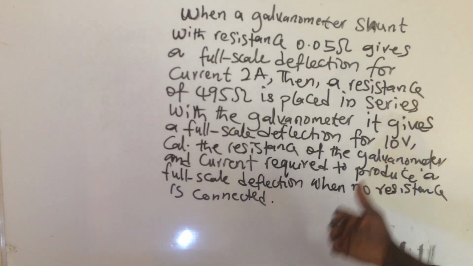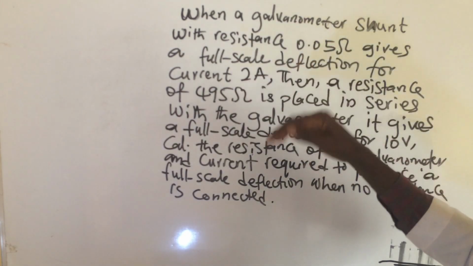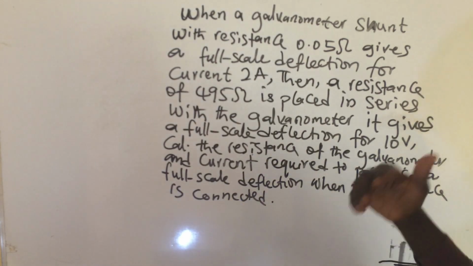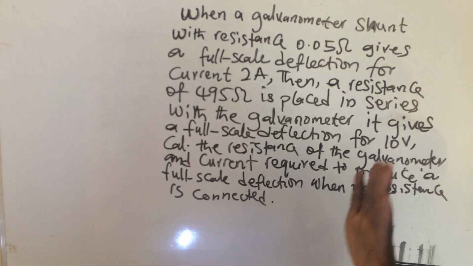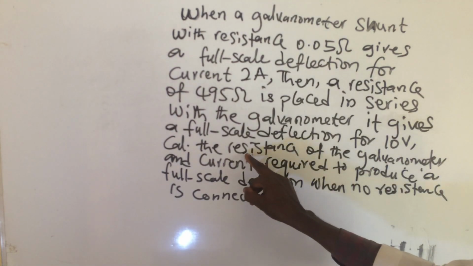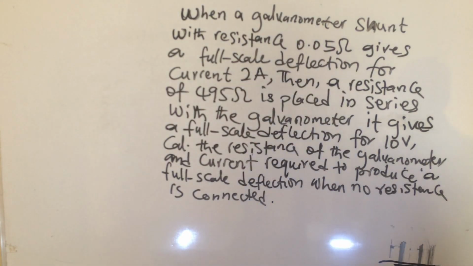It says we should also calculate the current that the galvanometer itself can measure when no resistance is connected. So we will calculate the current that the galvanometer can measure on its own and the resistance of the galvanometer on its own. Now, let us calculate it.